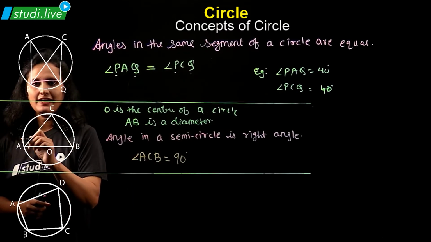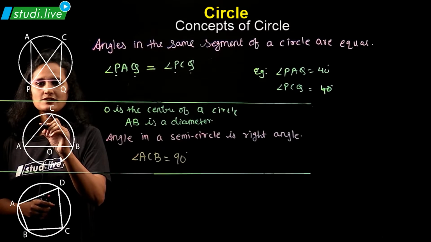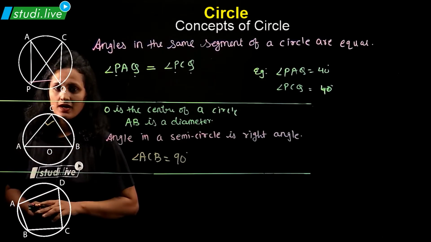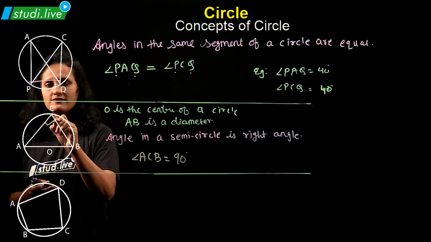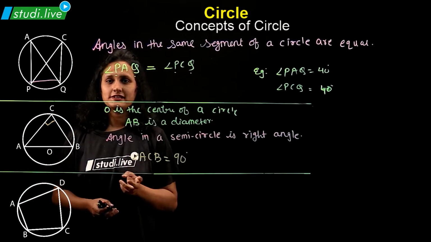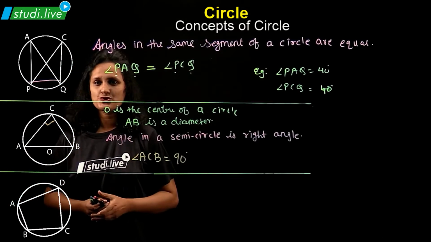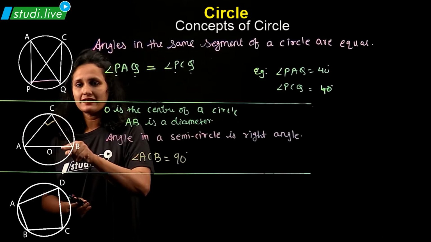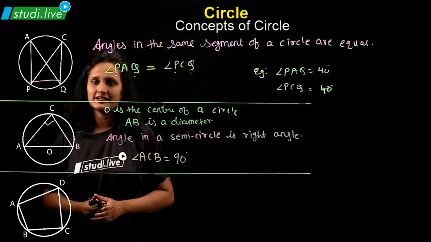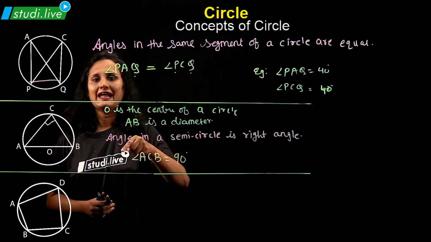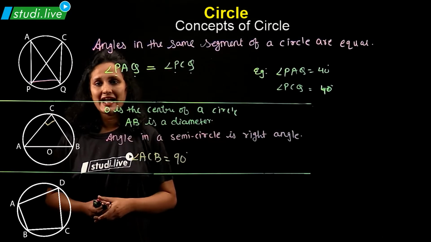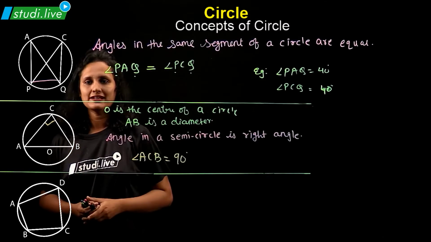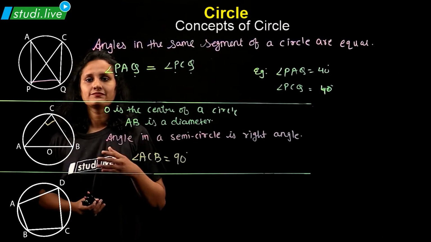So if in a sum it is not given that angle ACB is 90 degree, then you have to use this concept student, that AB is a diameter and if a diameter forms an angle on the circle, then it is 90 degree and the reason will be angle in a semicircle is right angle. A chord cannot form a right angle, only a diameter forms a right angle on a circle.